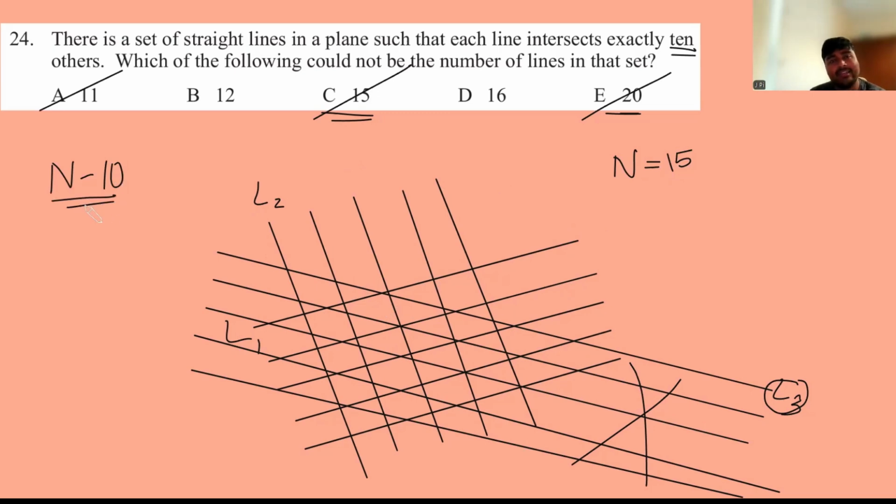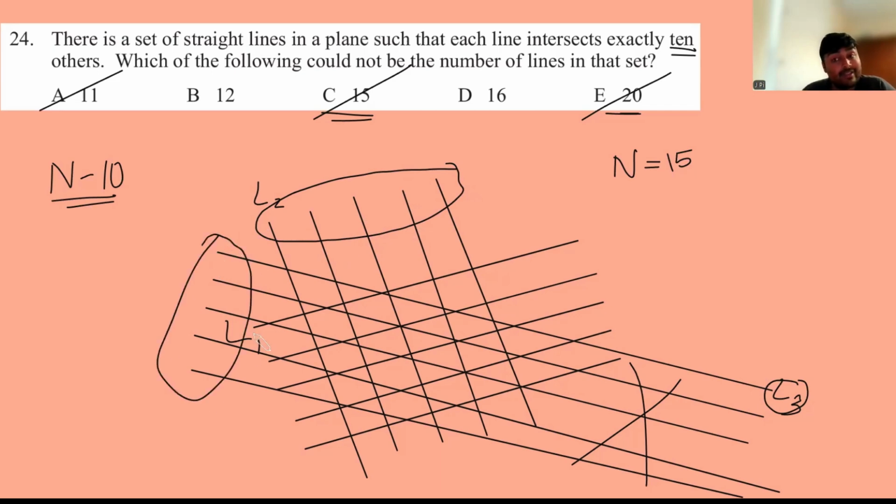This number is the number of lines in each family of parallel lines. So here we drew 15 lines in total, and if we look at this family of parallel lines, those 5 there, there are precisely 5 of them, which is 15 minus 10. Same thing here. The number of lines in a family is 15 minus 10, which is 5.